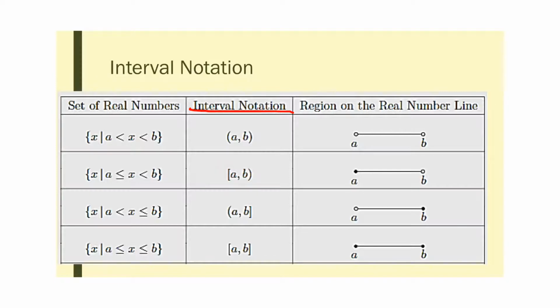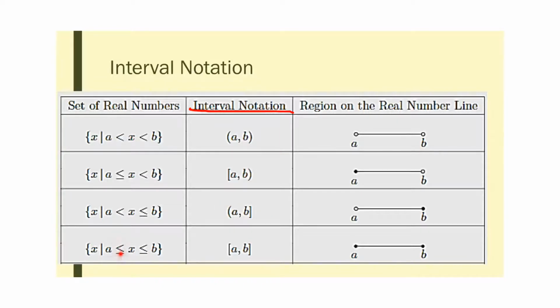A is included, b is not included. Over here, b is included, a is not. Square bracket for the b, filled in dot for the b, smooth bracket, empty circle. So this is the interval between a and b, where b is included, a is not.